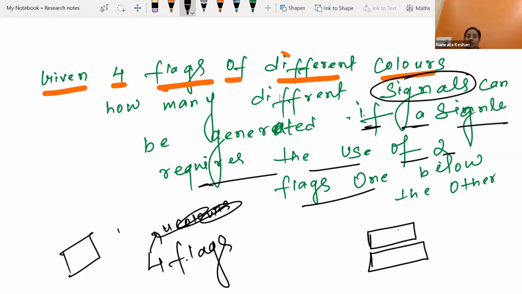Okay, so we'll think like the previous question. To fill the first blank space, how many possibilities are there? So total how many flags are there? Four. Here we need to paste a flag, here we need to paste another flag. Two flags we need to take at a time.